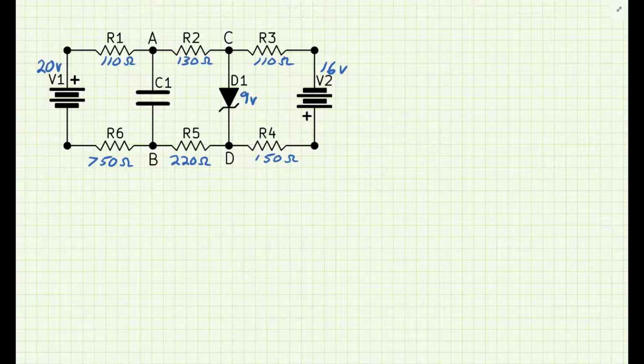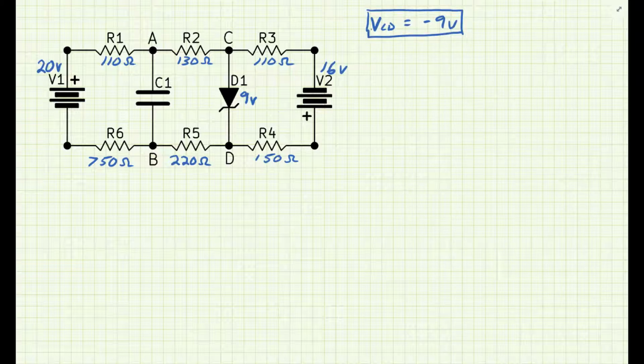Alright, so let's go ahead and I'm going to write my VCD is known to be minus 9 volts. And the current IA equals IR1 equals IR2 equals IR5 equals IR6.